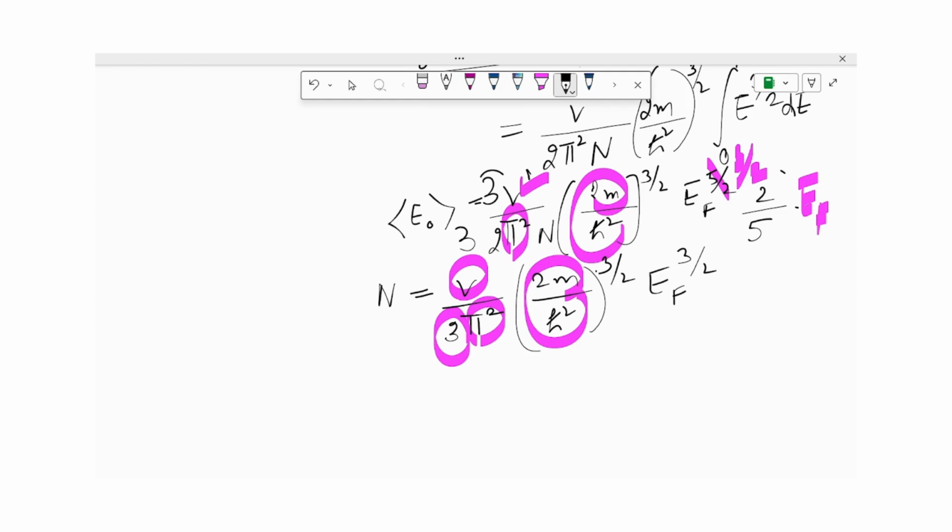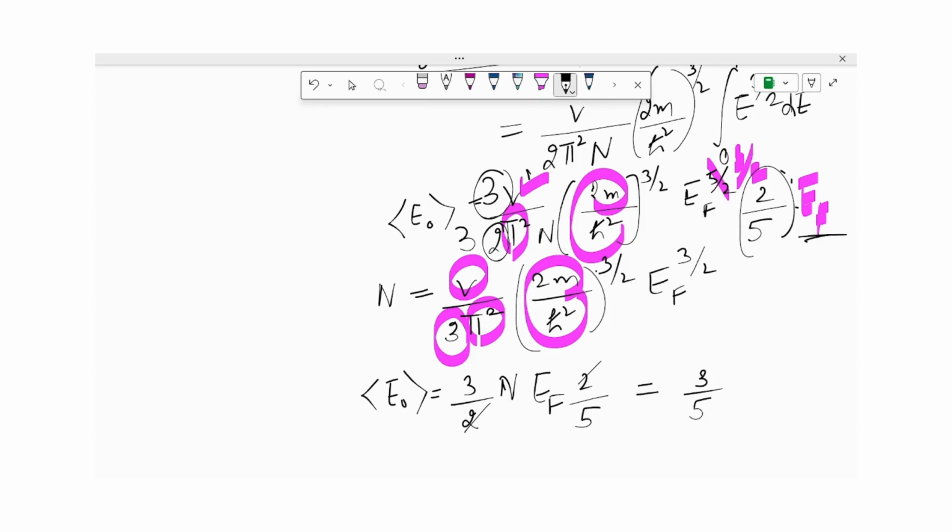So I'm left with 3 by 2 as the extra term, and all other terms give me N. And then I'm left with this EF and one term which is 2 by 5. So cancelling the 2, I will get 3 by 5 EF. So this is a very important result, that the average energy of the electron is actually 3 by 5 times the Fermi energy of the system.